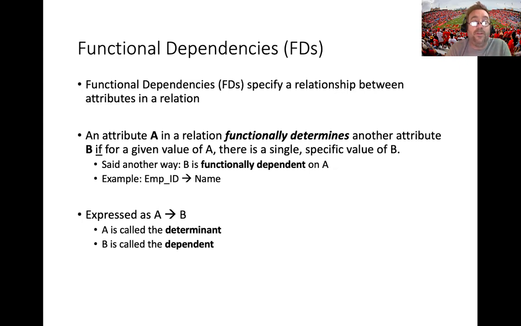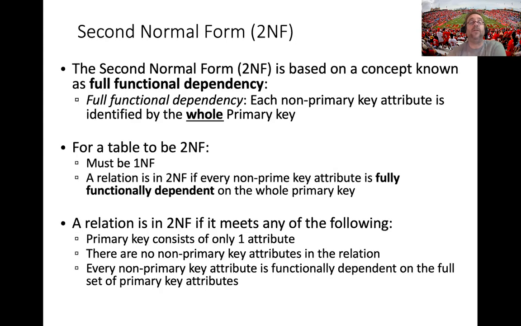So remember, in this example, the emp ID is called the determinant. Name is our dependent. A of 'ant' comes before E of 'ent', and that's how you remember it. All right, so with that all on board, the second normal form is based on a concept known as a full functional dependency.